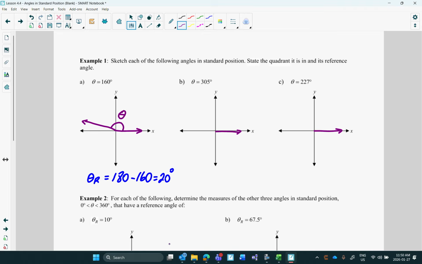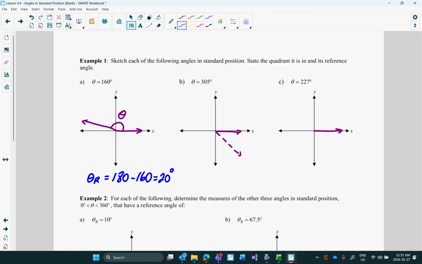Next, 305. Where would I put my terminal arm? Remember, this is 90, this is 180, this is 270, and then all the way around is 360. What quadrant? 4. Usually when you're asked to sketch it, don't draw this, that's halfway between. Would 305 be down here or in here? Closer to the y-axis, right?